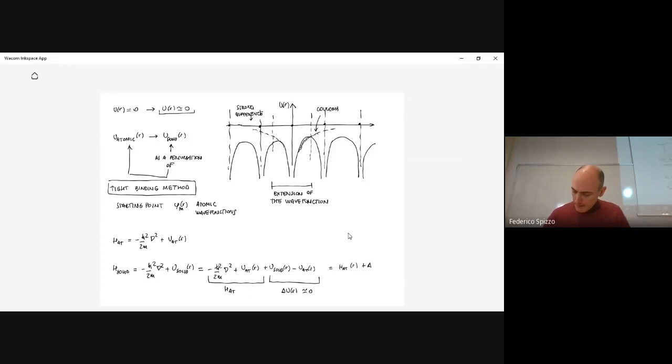Hamiltonian plus delta, the variation of the potential, and we may consider that delta to be small. So the problem will be set as a perturbation of the atomic picture.